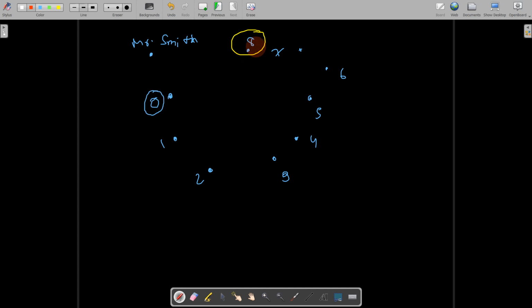This 8-degree person has shaken hands with everyone else, including Mr. Smith, except for this 0-handshake person. That means this 8 and this 0 are married couples, because only married couples are not shaking hands with their spouses. So I will connect this 8 with all other nodes, representing that they have shaken hands.